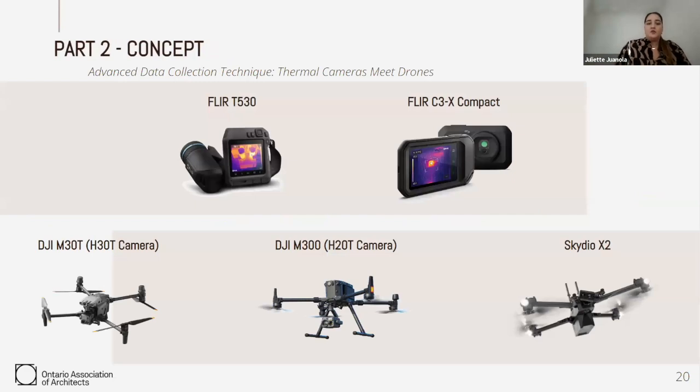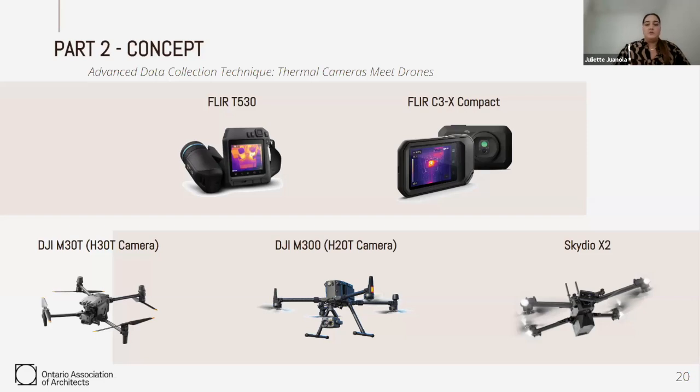So in order to collect the data, traditionally thermographers would go on site with handheld cameras. You can see here on the top 2 examples of handheld cameras. The main company, the biggest company selling handheld cameras on the market is FLIR.